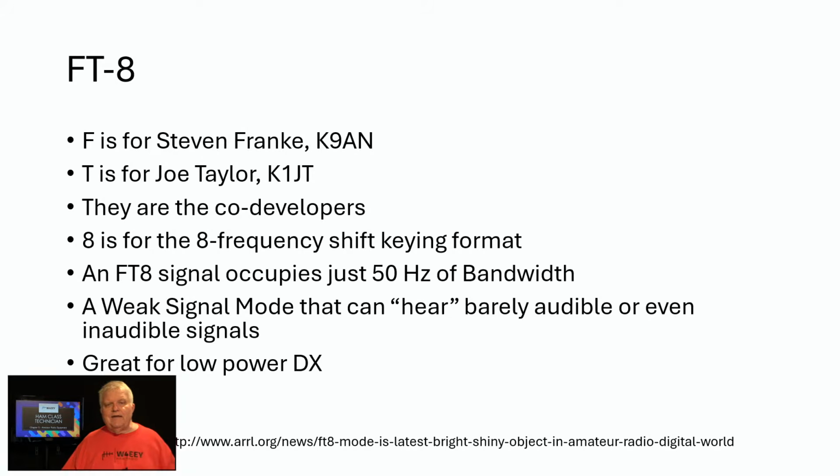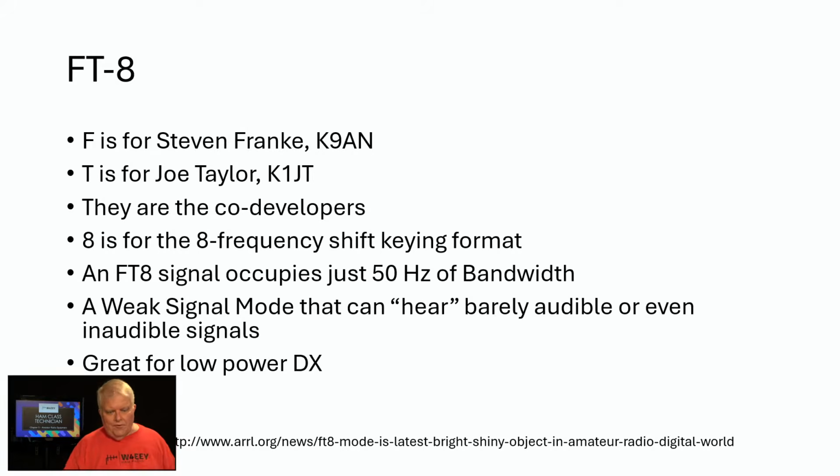An FT8 signal only occupies 50 hertz of bandwidth. Remember I said a CW signal was 150 hertz? So an FT8 signal is even narrower. So that's why FT8 has taken over as the most power efficient mode that you can have. It's a weak signal mode, but you can still use high power, and it's great for DXing.